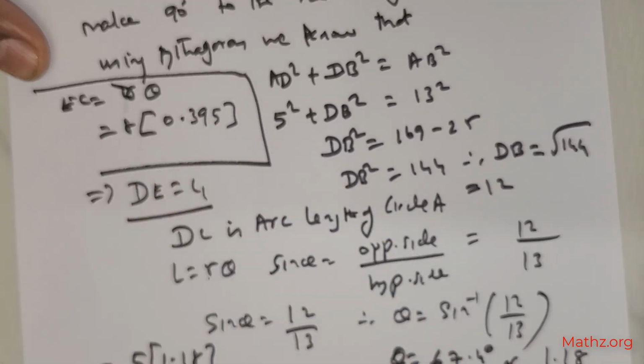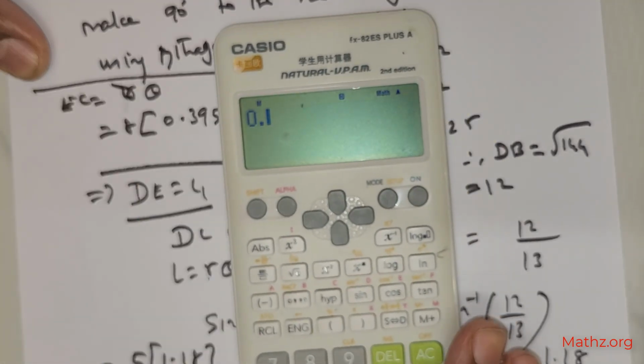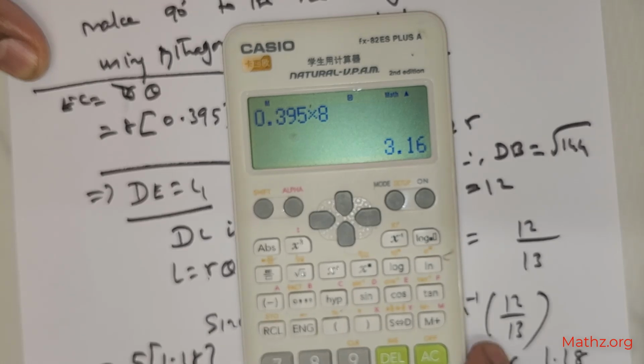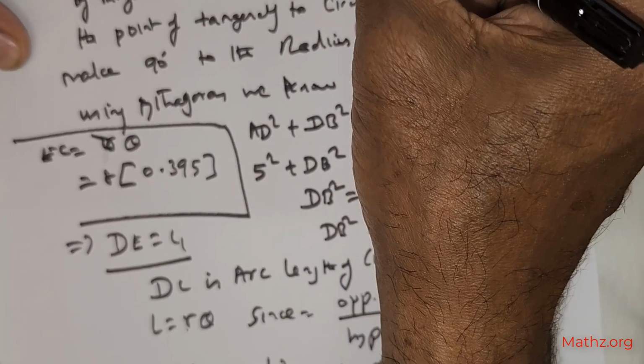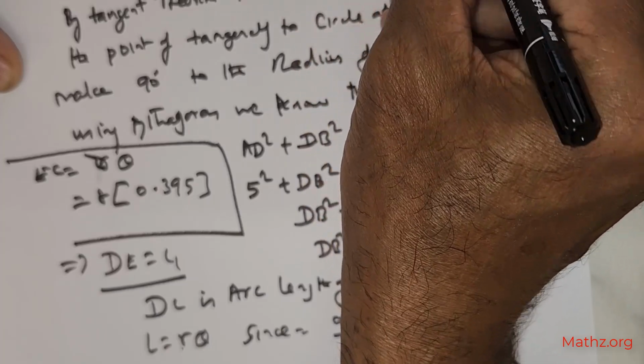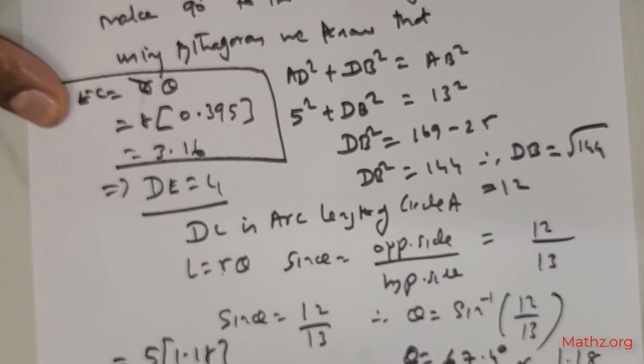You multiply 0.395 with 8. How much is that? 3.16. So therefore EC is 3.16. You can substitute 3.16 here.